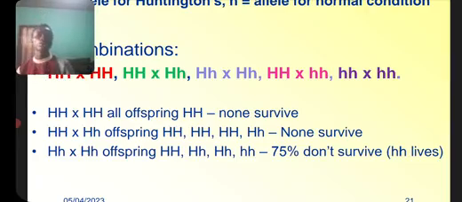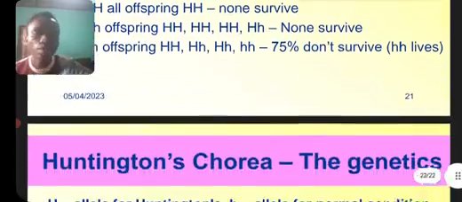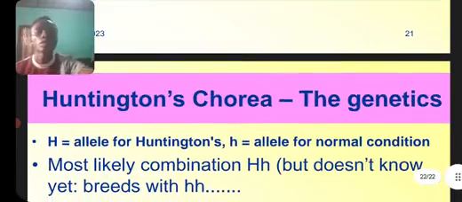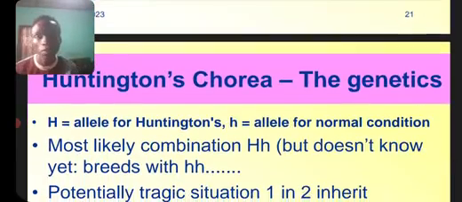Then if you cross heterozygous individuals, 75% will not survive, and only 25% will survive. It's a chance that they'll survive, and there's a possibility of not producing any survivor.